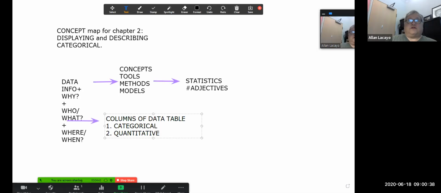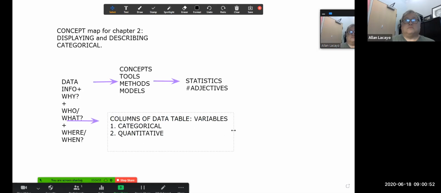And in fact, we call those columns variables. And so in Chapter 2, we exclusively deal with categorical variables.